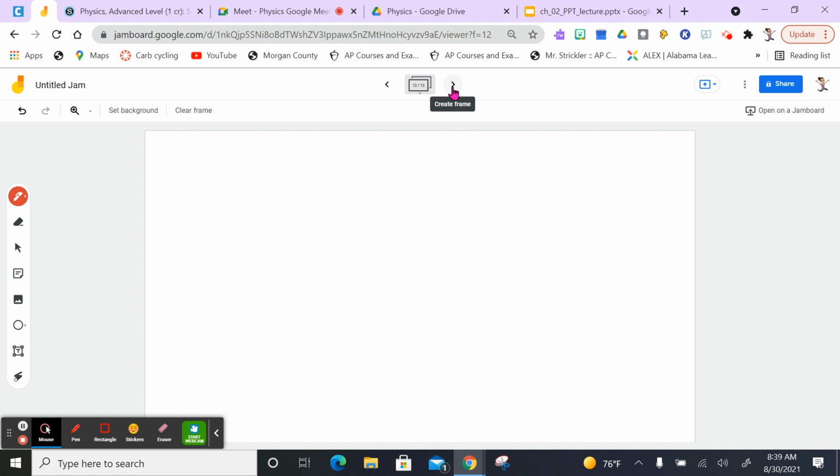Without performing a calculation, rank the segments of the graph A, B, and C in order of increasing average speed. Increasing average speed, meaning where is she going the slowest and where is she or he going the fastest?